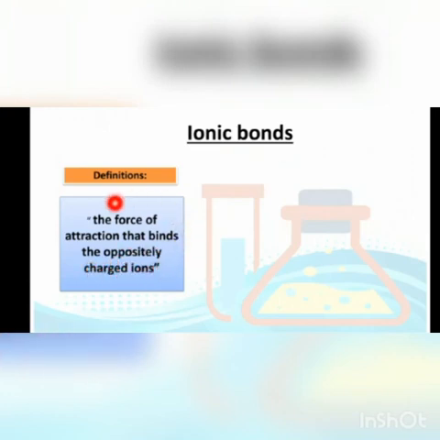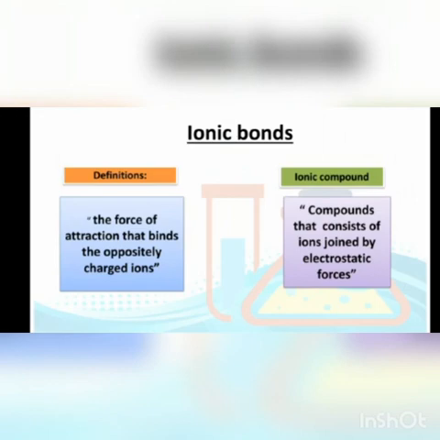Means we are saying that ionic and chemical bonds are forces of attraction. In an ionic bond, these forces of attraction bind the oppositely charged ions. So we can say ionic compounds are the compounds that consist of ions joined by the electrostatic force of attraction. So let's see the example. Sodium chloride, potassium chloride are the best examples of ionic bonds.